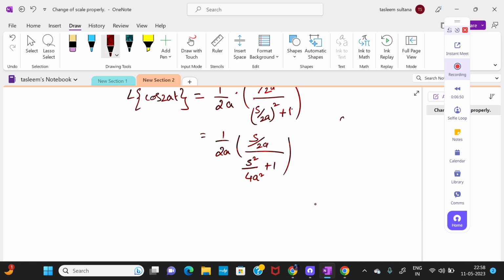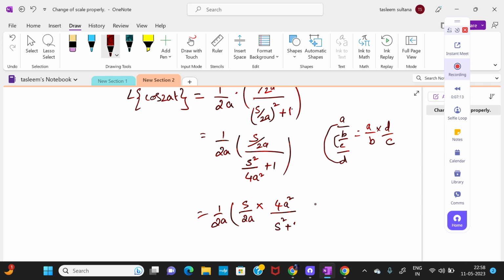Now how do you write a by b by c by d? It equals a by b into d by c. That we are going to apply here. 1 by 2a into s divided by 2a into 4a square divided by s square plus 4a square. Did you get this step, Aditya?